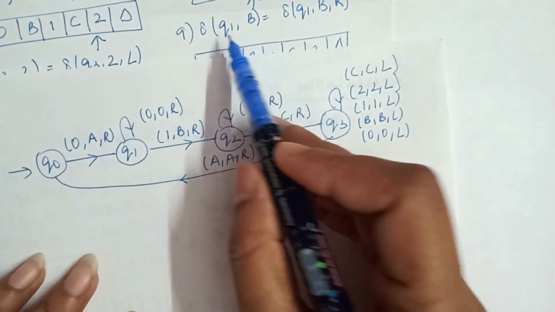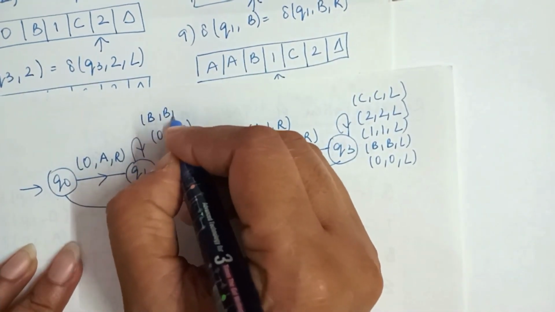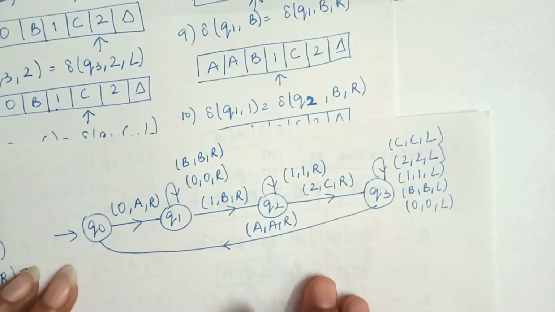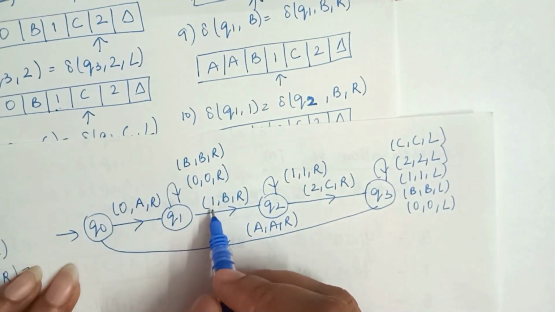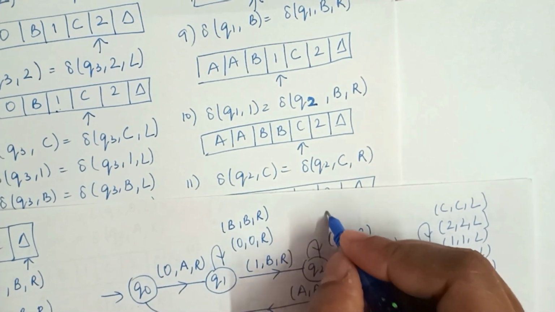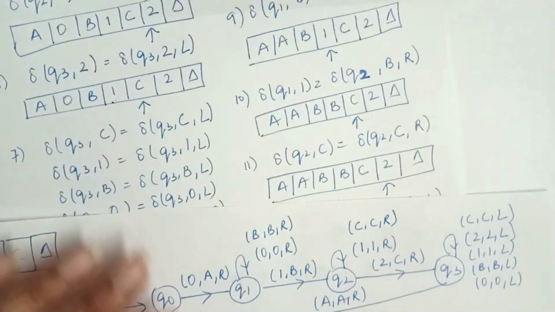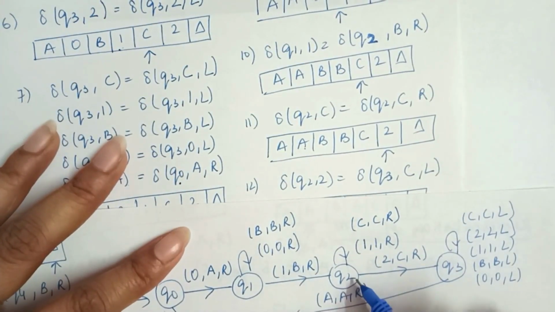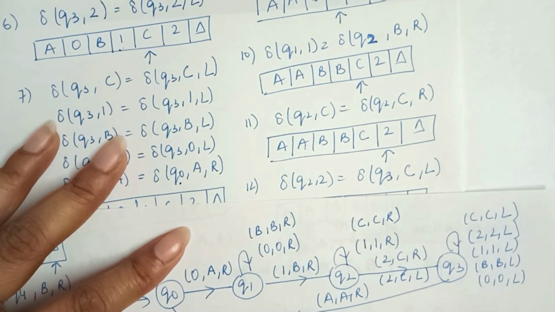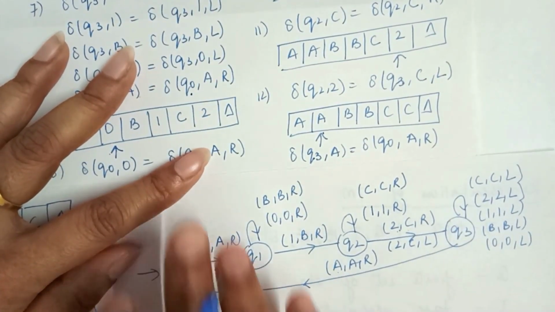So the ninth will be Q1 and B. Q1, if I am reading B, this will become B, B, R. Now on the 10th, if I am on Q1 reading 1, B, R. Now I am on Q2 reading C, so it will become C, C, R. Then I am on Q2 and reading 2, so it will become 2, C, L. Then if I am on Q3 reading capital A, it moves to Q0.